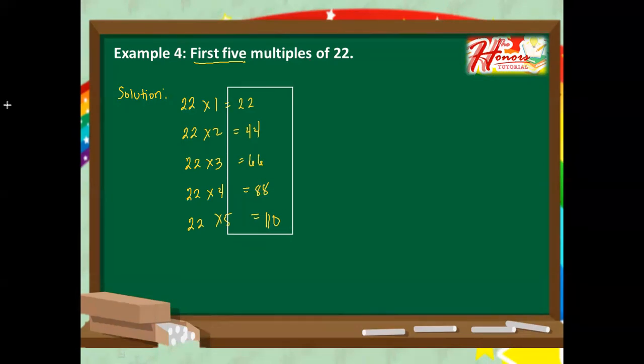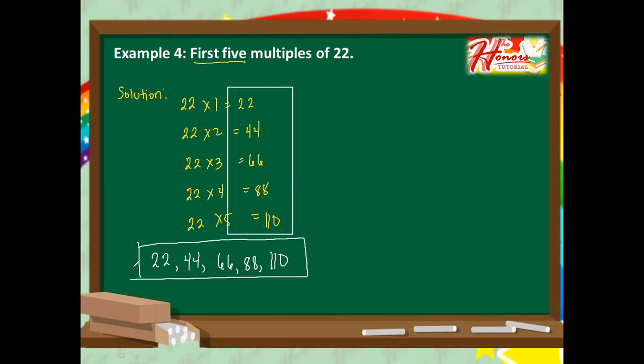22, 44, 66, 88, and 110. So let's write it here. 22, 44, 66, 88, and 110. Again, we will not write an ellipsis here after 110.